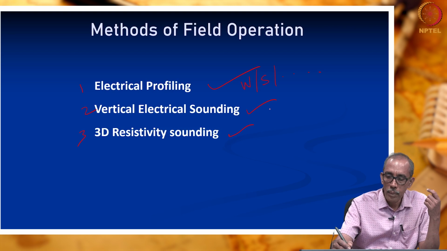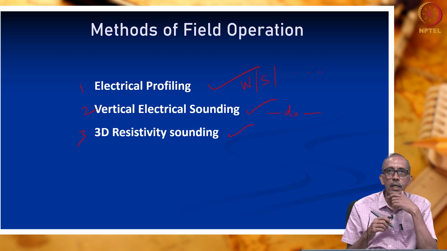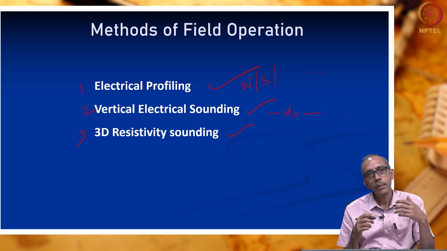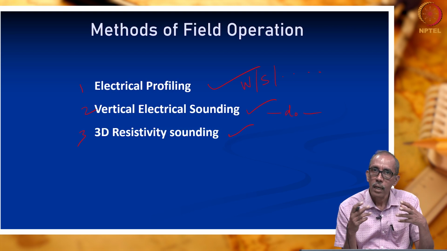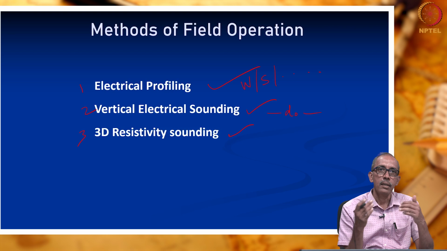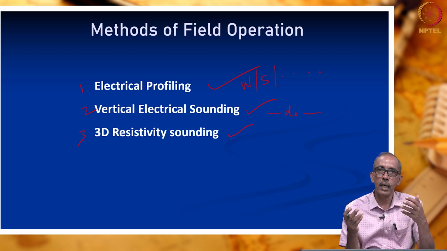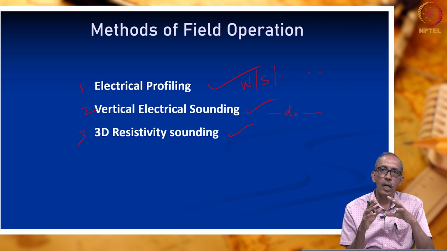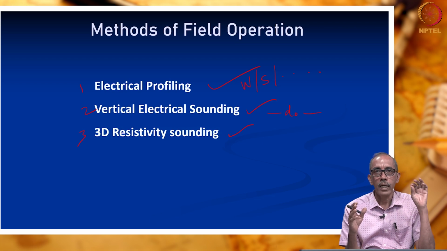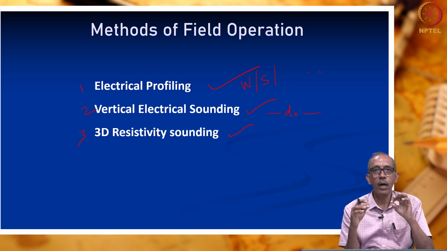The same is applicable to vertical electrical sounding. We can do it by Wenner, Schlumberger or by any other electrode arrangement. The third one, 3D, also can be carried out by any electrode arrangement. So, there should not be any confusion. We had initially seen the way of arrangement of electrodes. Now we are looking into how the survey can be carried out in the field.